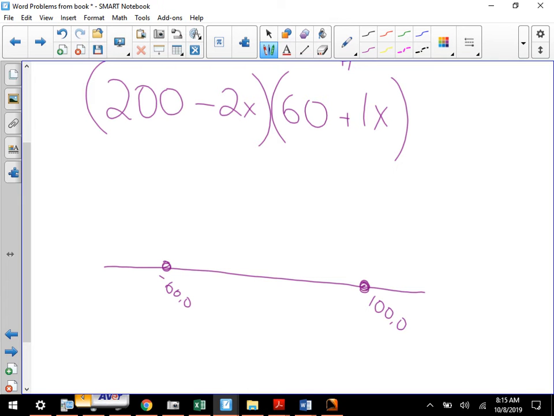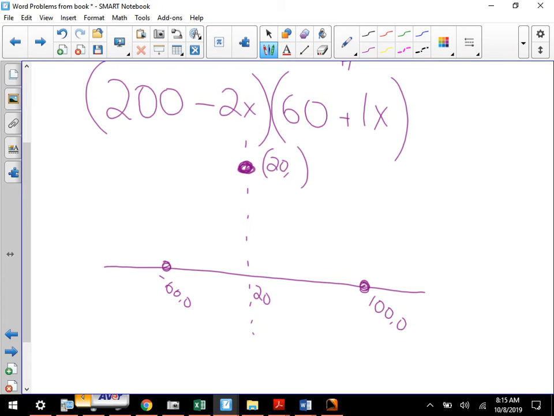No. So everybody okay that if I add these two together, I get 40? What's half of that? 20. So where's your axis of symmetry? 20. So there's my axis of symmetry at 20, which means somewhere up here is the vertex. 20 is the x value.